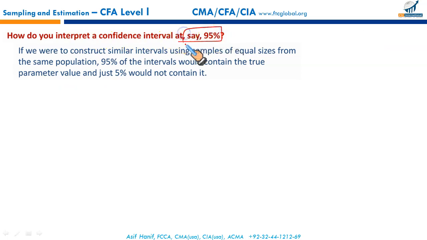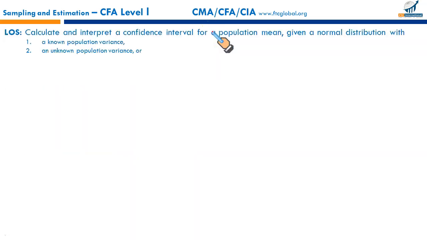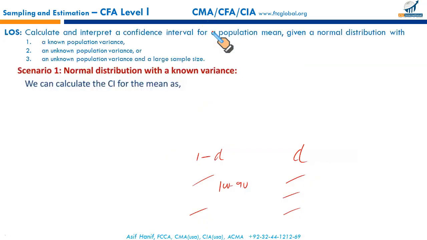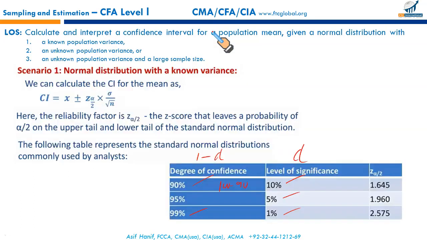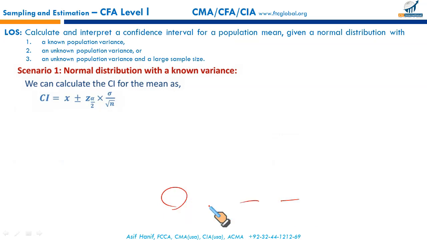Let's say 95%. What does it mean basically? When we say a confidence interval of 95%, just in the next slide I'll show you. The level of significance would be 5%. Right?